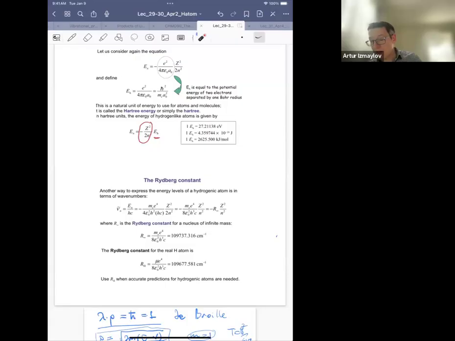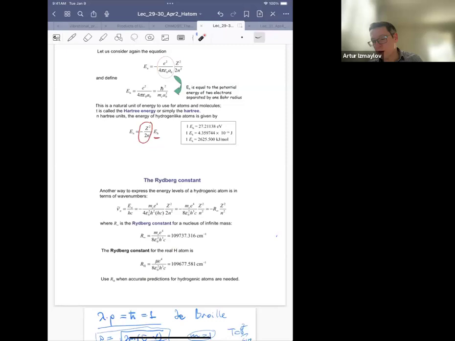And in order to describe that, we have this Rydberg constant that is just a convenient way of writing energy divided by hc, right? So h is not a reduced Planck constant, but a normal Planck constant. And so we have these two Rydberg constants that are convenient for bookkeeping the numbers, and they are defined slightly differently.